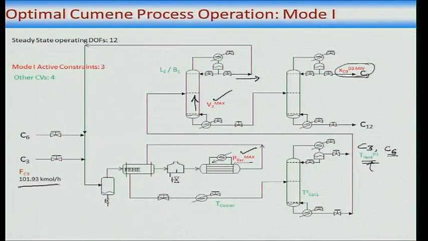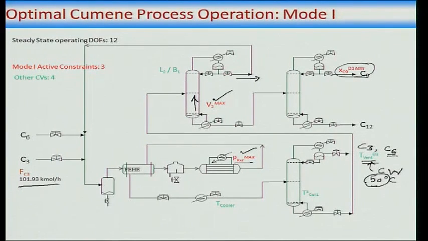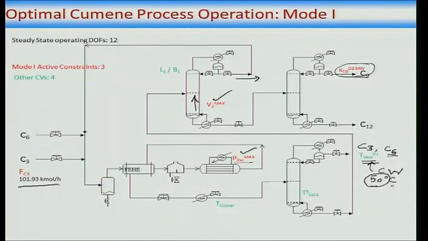So basically my vent temperature is set by cooling water. So let us say cooling water is available at maybe 40 degrees Celsius, 35 degrees Celsius, then I will say my vent temperature is about 50 degrees Celsius and not 60, 70, 80 degrees Celsius, because at 50 degrees Celsius I have sufficient driving force in my condenser, 15 degrees Celsius, and that ensures that I am running my condenser at as low a temperature as possible, so that my benzene loss is as small as possible.